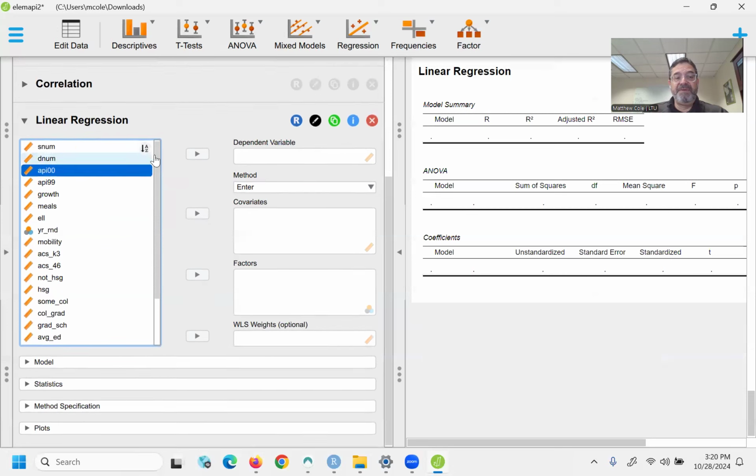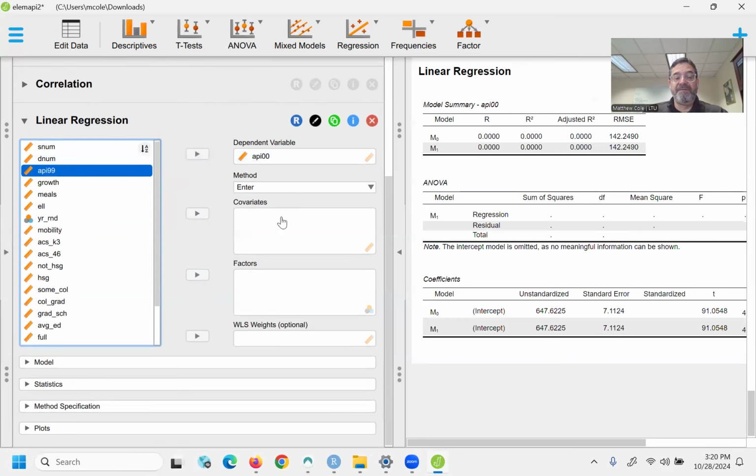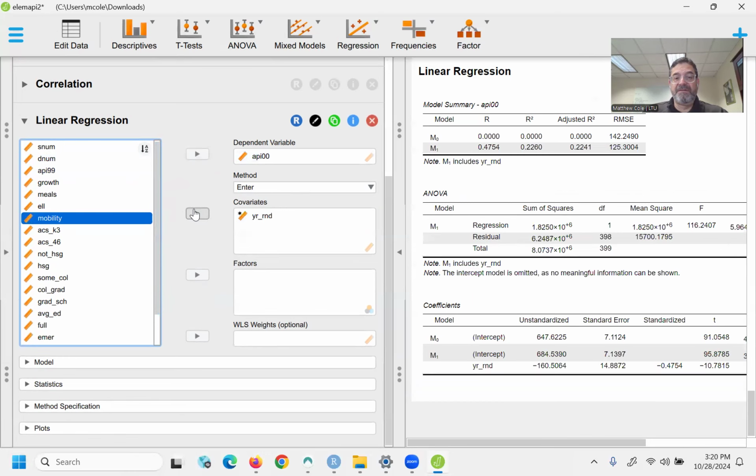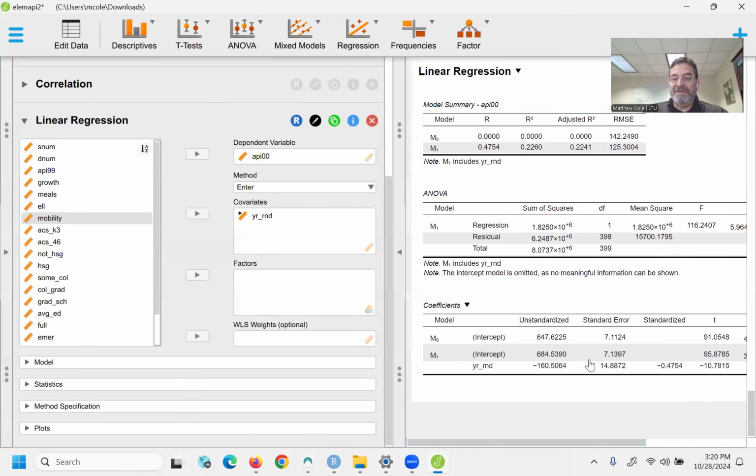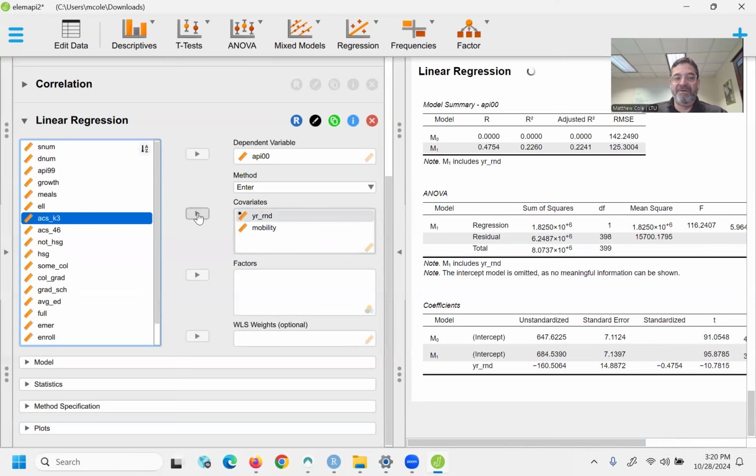And now we have API as our dependent variable. If we try to put year round here, it will work, but it's not entirely the best place to put it, because it has a little asterisk. It's telling us it's not really a continuous variable.